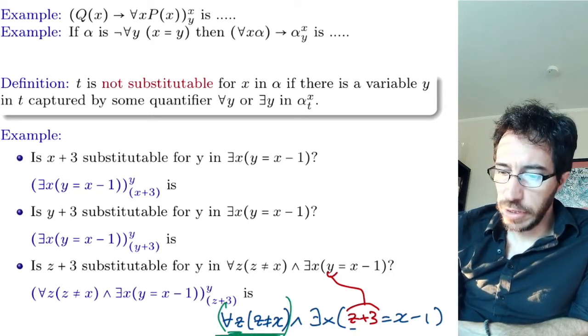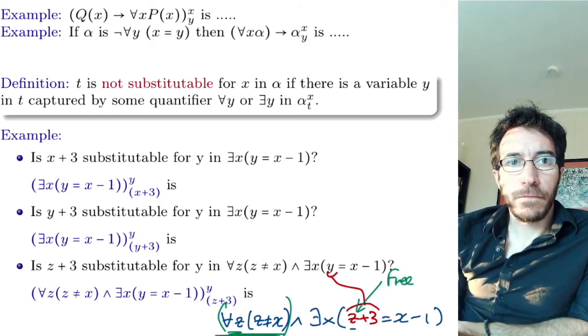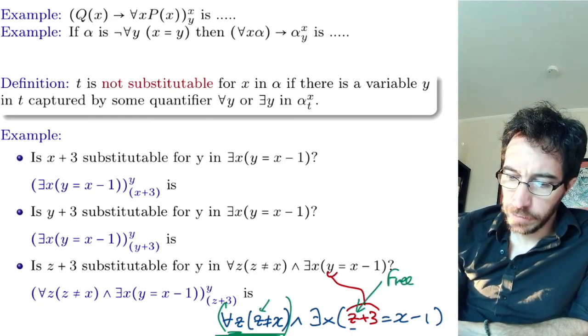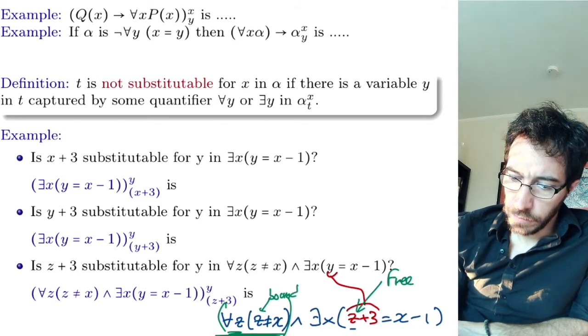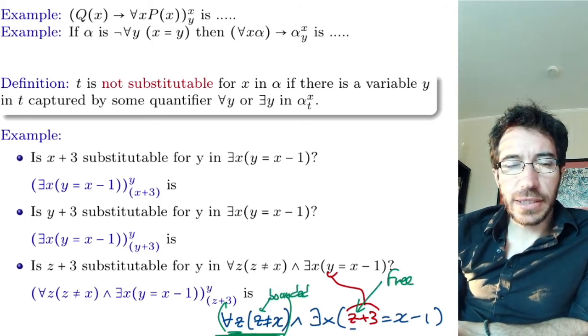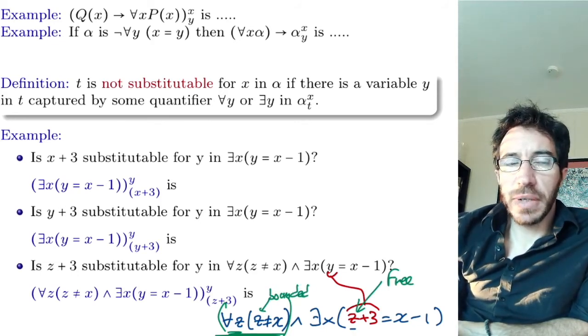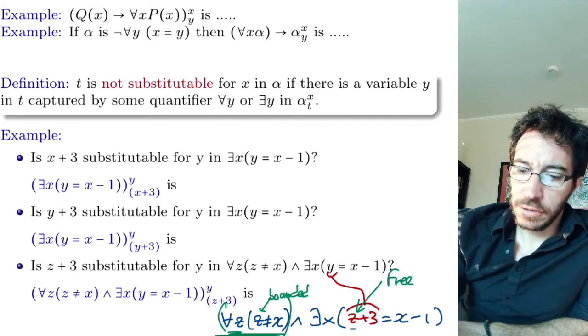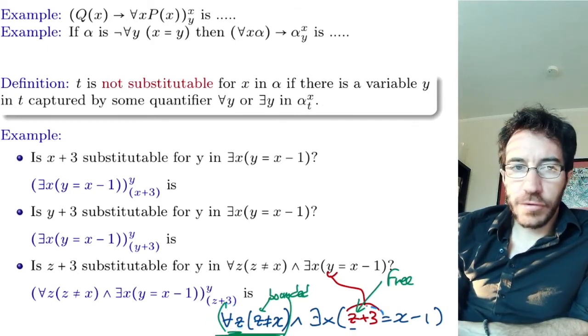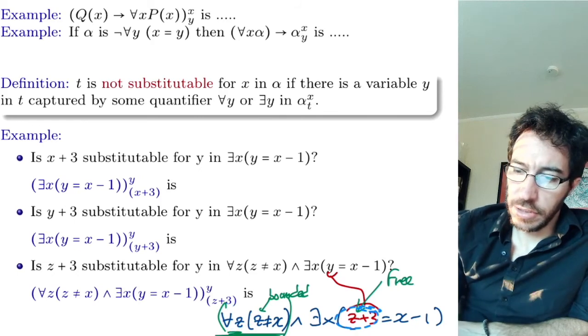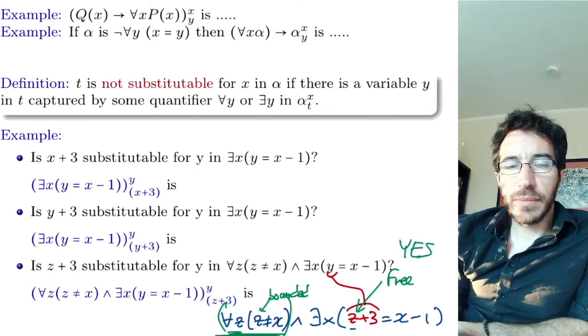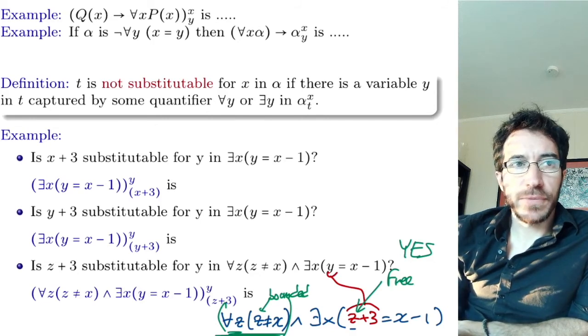So this one up here is free, this z up here is bounded, but the one that shows up inside the term did not get captured by this quantifier. This one is still free. So the answer is yes. This is substitutable because we are not mixing up the variables.